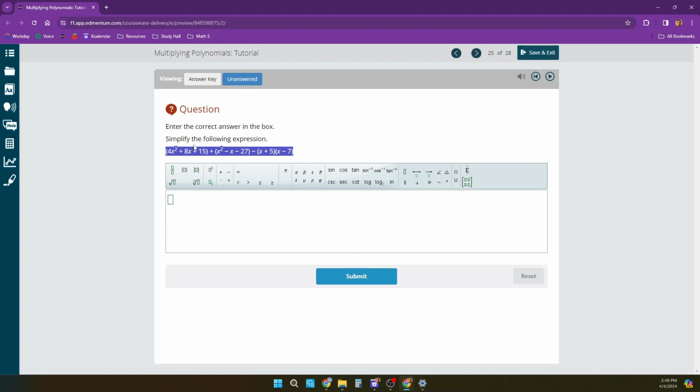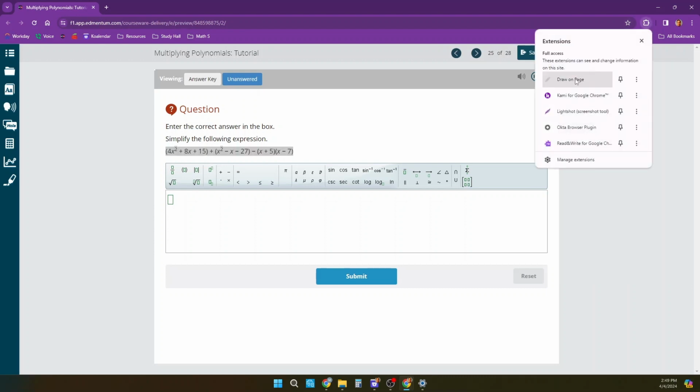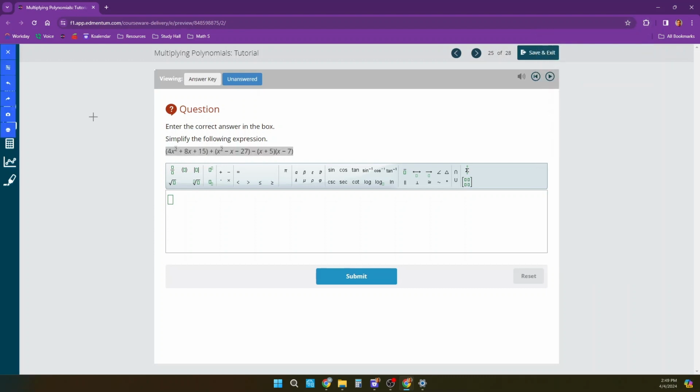When you're given something like this, it may look intimidating, and you may be asking yourself, well, where do I start? How do I start this? Well, we're going to fall back on what we know. And what we know is that math follows an order of operations.